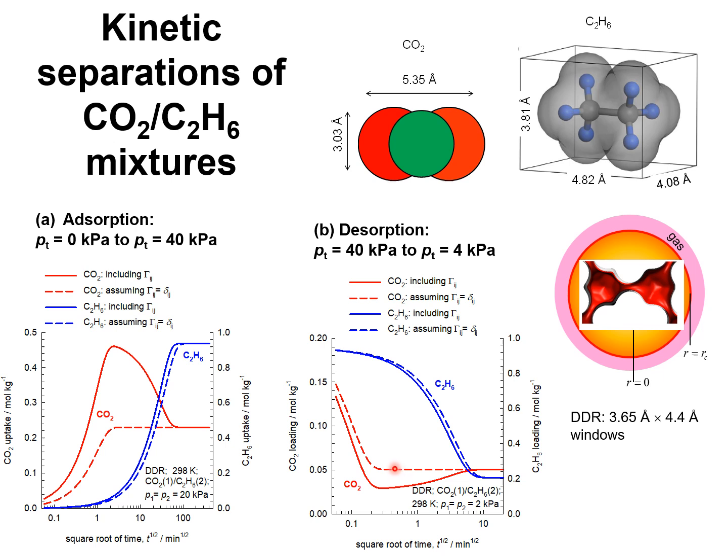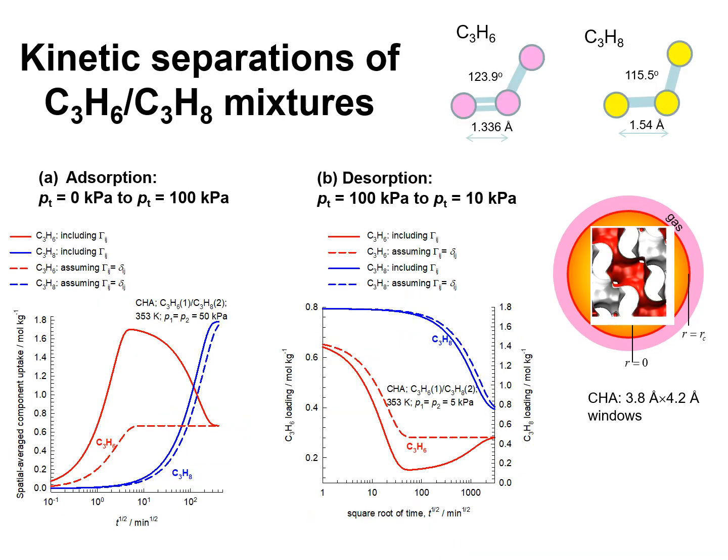So as in the previous two examples, we conclude that transient overshoots and transient undershoots are signatures of kinetic separations and result from thermodynamic coupling influences.